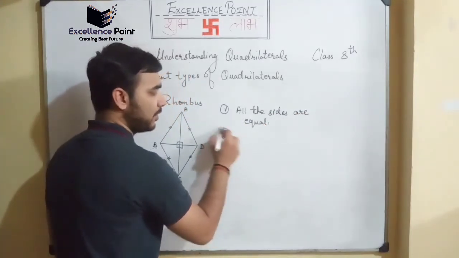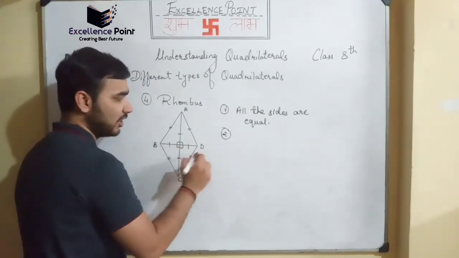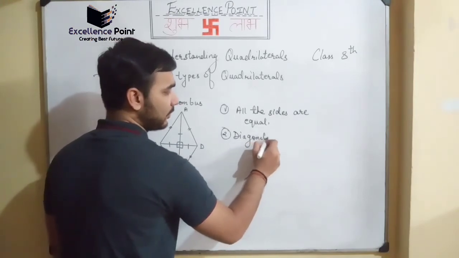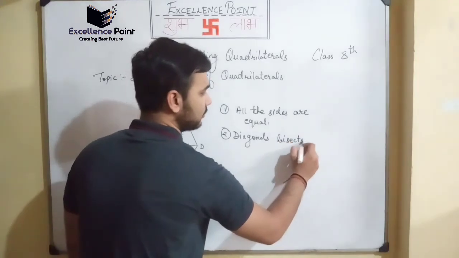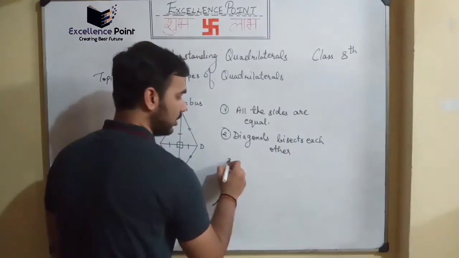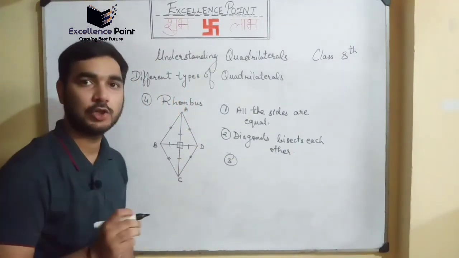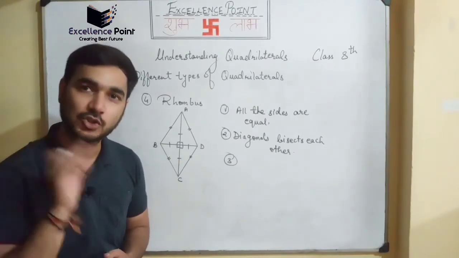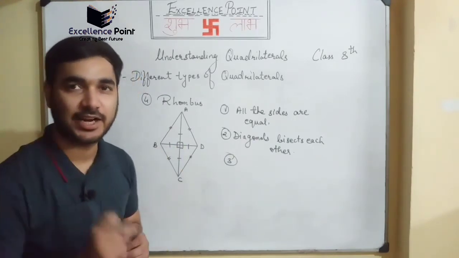Now the second property, you will observe that diagonals are bisecting each other. So we can say that diagonals bisect each other. The third property says that the diagonals are also perpendicular to each other, and this is a special property of rhombus and square also, that the diagonals bisect each other at 90 degrees.